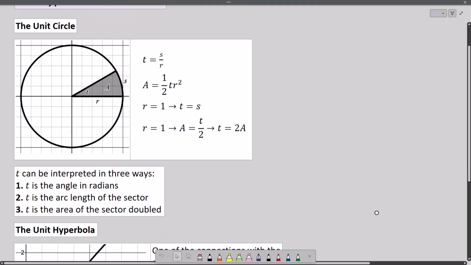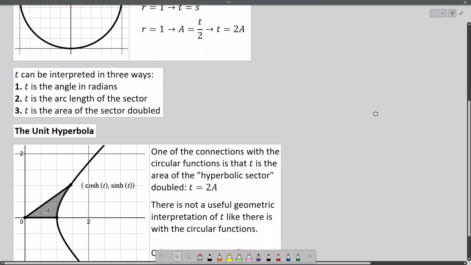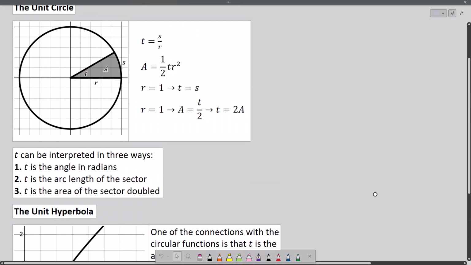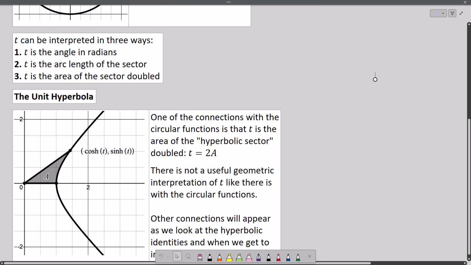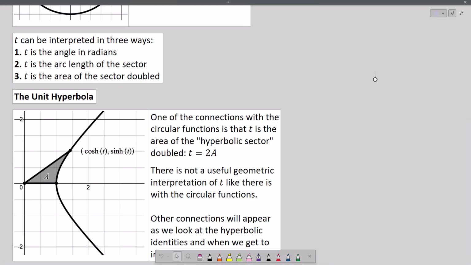The circular functions come from this unit circle. The hyperbolic functions are going to come from a unit hyperbola. A hyperbola has 2 branches, but the hyperbolic functions are defined from the right branch of the unit hyperbola.